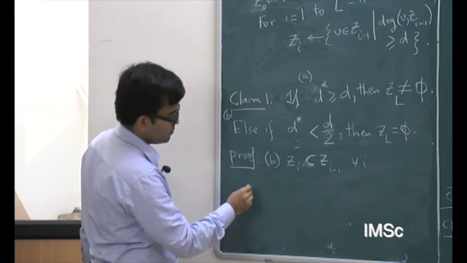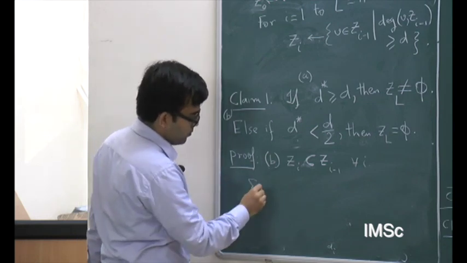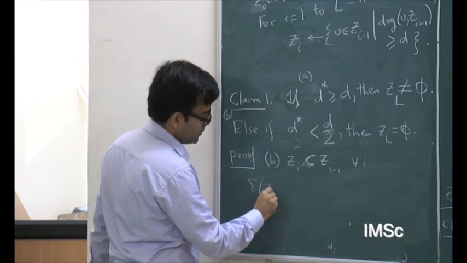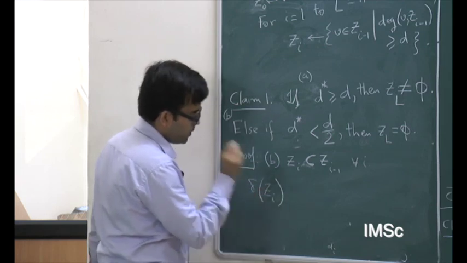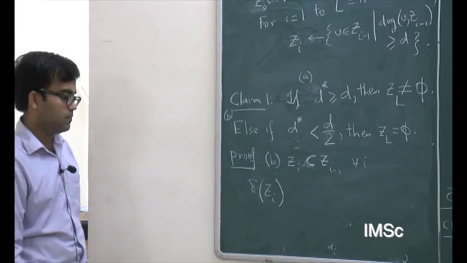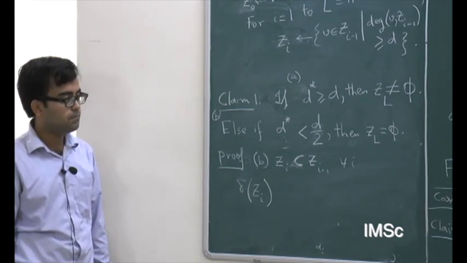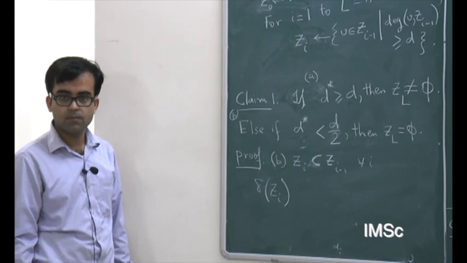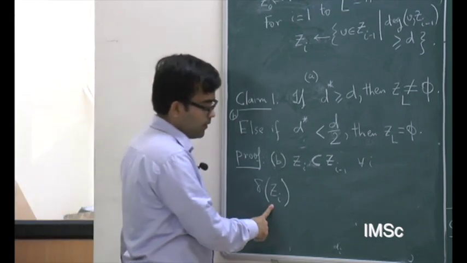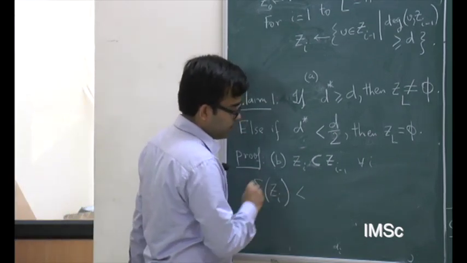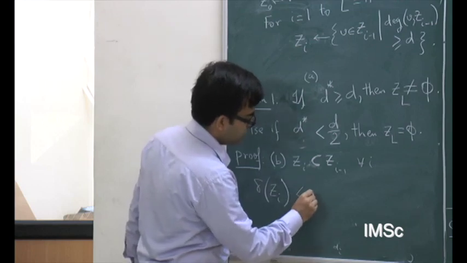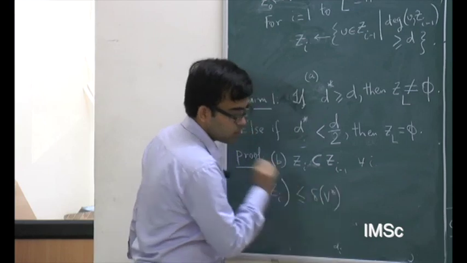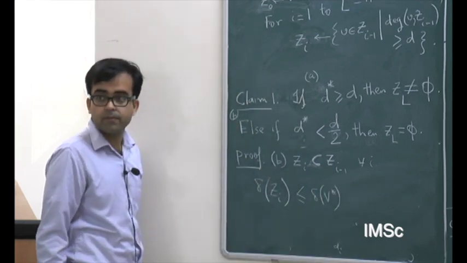Let me ask you, can you give me an upper bound on the average degree in Zi, whatever this Zi might be? Average degree of Zi is definitely going to be less than or equal to the average degree of the optimum set, right?